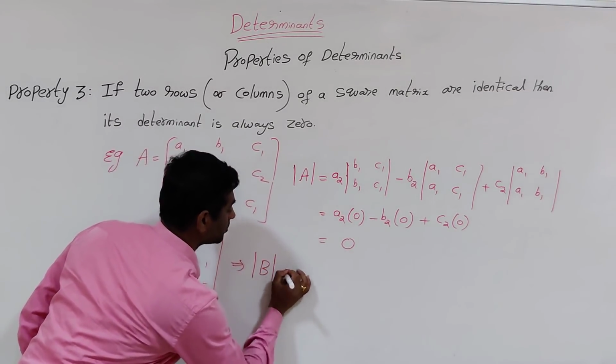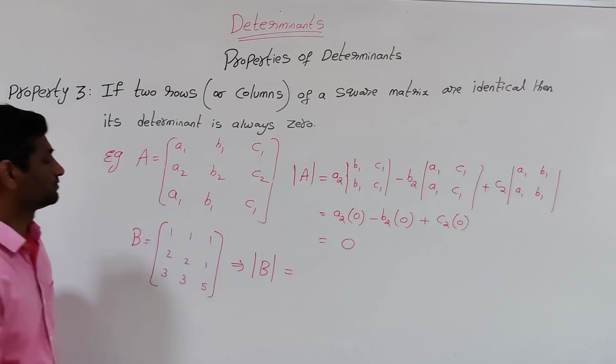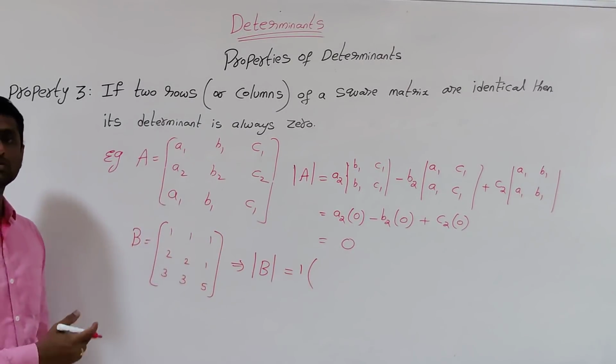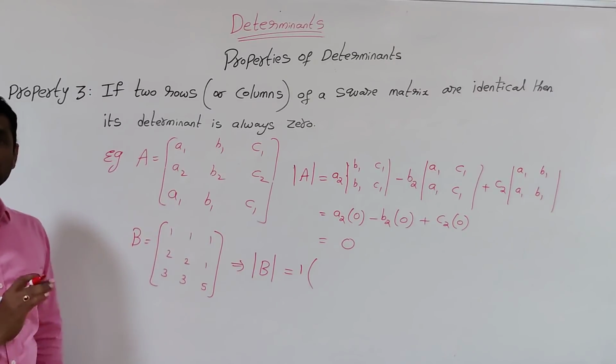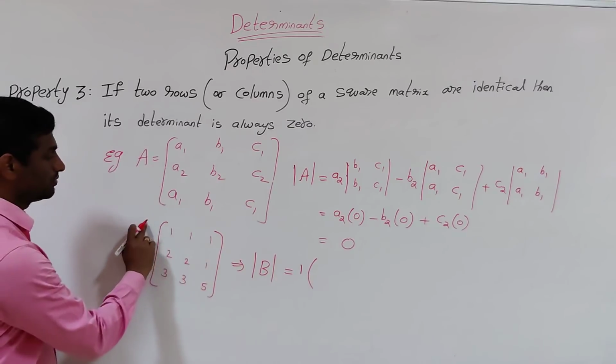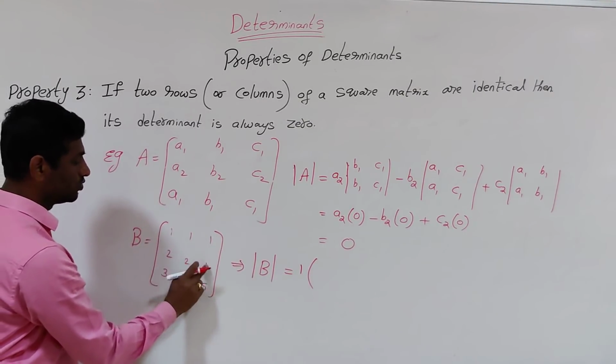Determinant of B is equal to, by using any row or any column, we'll say by the first row expansion. What will be the determinant? It should be 0. So 1 into the cofactor of 1 will be left with 2 1 3 5.